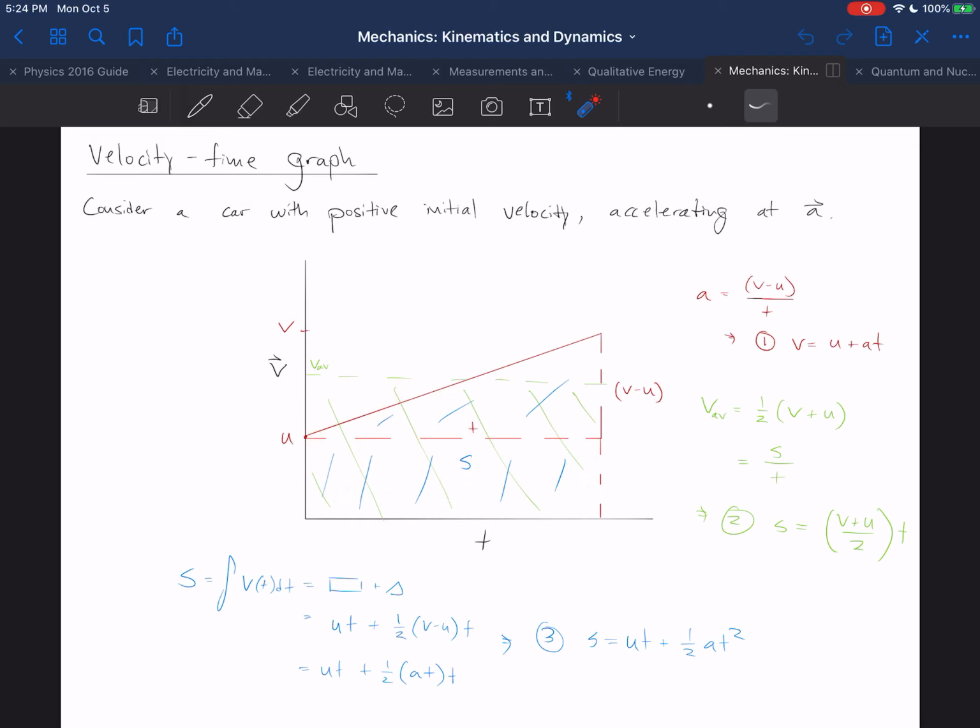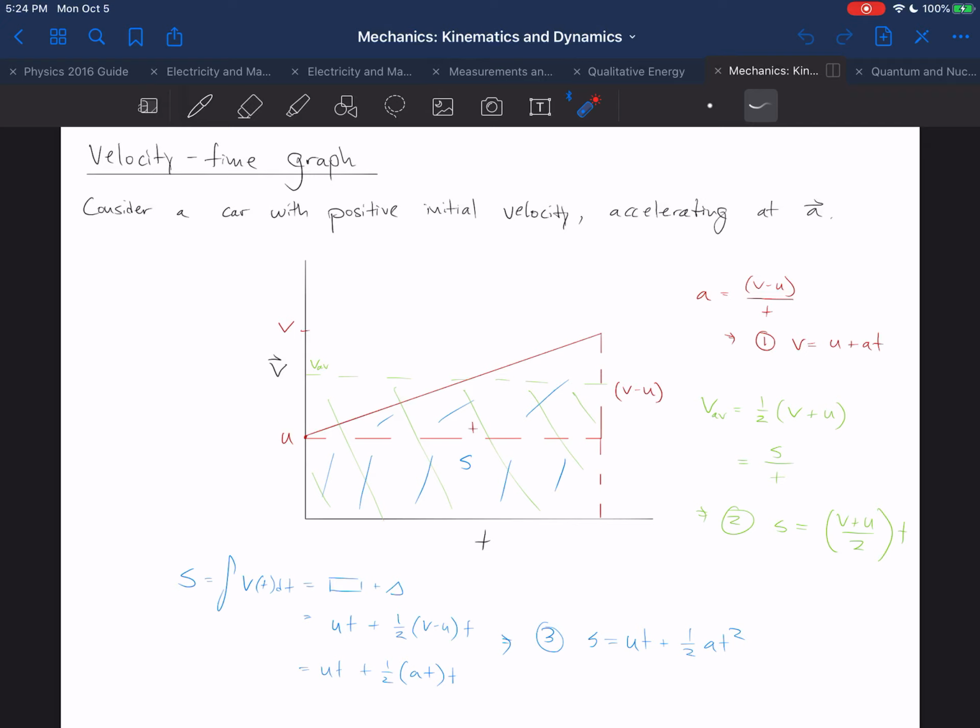This can also be considered as the average velocity, right? The average velocity is the total displacement over the total time, which in IB notation is s divided by t. And therefore the second equation is s equals v plus u divided by 2 times t.